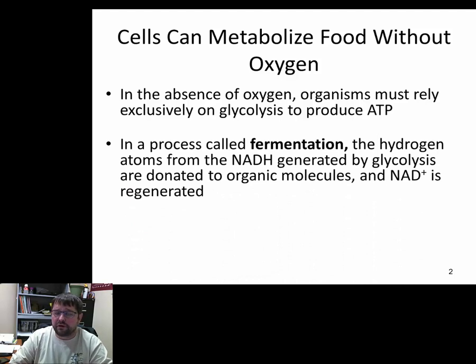Now, some of the conversion for glycolysis without oxygen is called fermentation, and many of you eat or have drank the goods from fermentation process, but that's really breaking down sugar without oxygen being present.